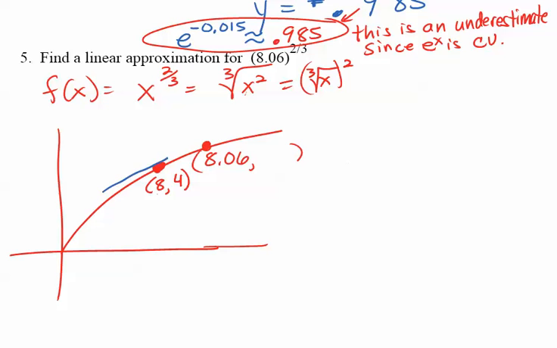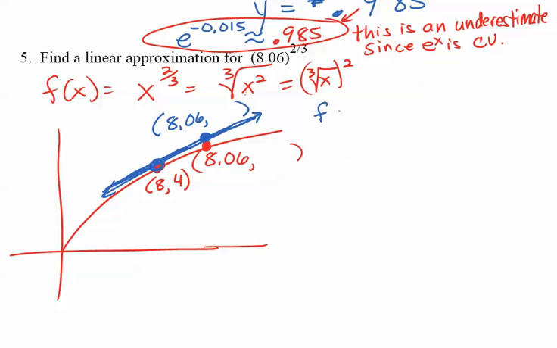And then let's draw the tangent line there. And I might not even be making these straight because I'm trying to give us enough space. So you can see that the point on the tangent line is a little bit above the point on the actual curve. So I'm going to put 8.06 into the tangent line function.